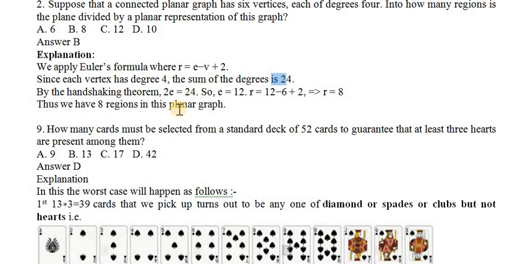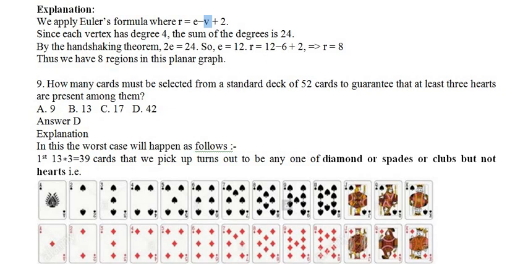Now we have the handshaking theorem: twice the number of edges is equal to the sum of the degrees of all vertices. So 2e equals 24, now e equals 12. Now we can substitute here. So e equals 12, we already know the number of vertices is 6, so 12 minus 6 plus 2, which is equal to 8. Okay, and this you know very well.